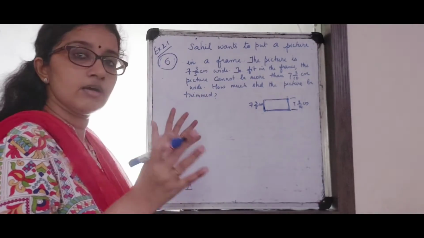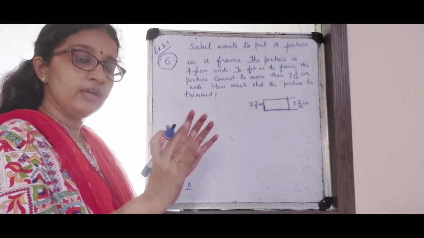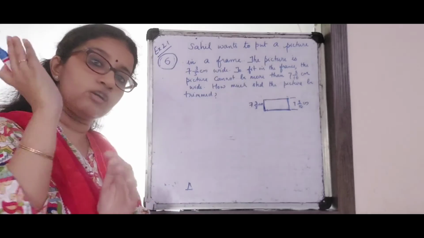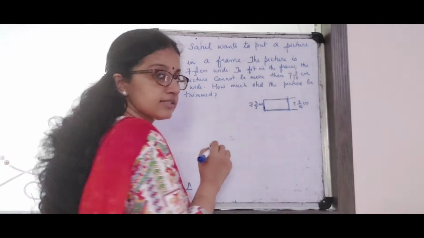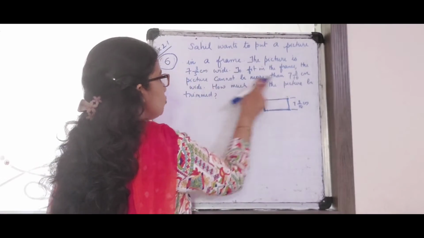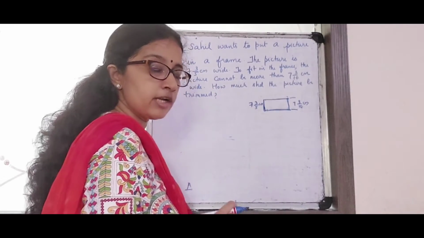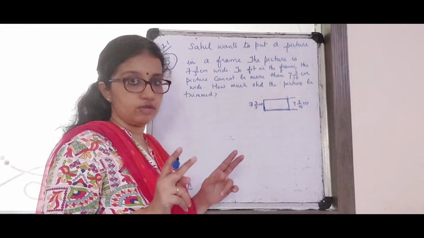From the bigger width, we have to subtract the smaller width. Then only we will know how much we have to cut off, right? So hope it is clear for you. So we have to actually subtract these two fractions to find out how much should be trimmed off of the picture.